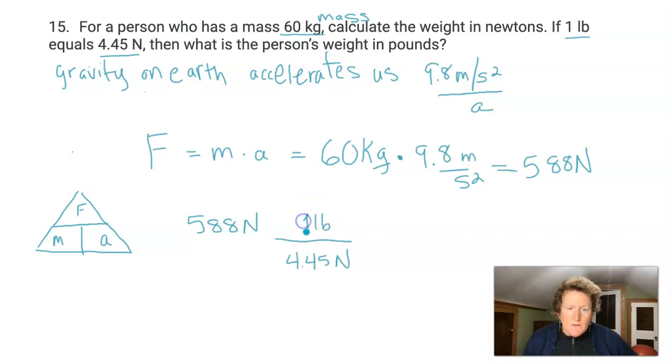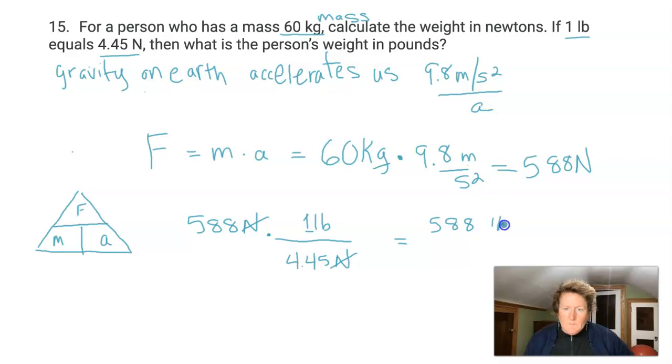And a lot of students get confused about how to use the conversion factor. You want to use a conversion factor so that the unit that you want to cancel is on the bottom of the conversion factor when you multiply it. So we cancel out newtons here. And then we have 588 times 1, which is 588.